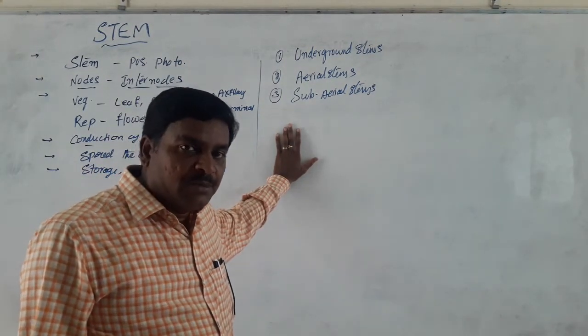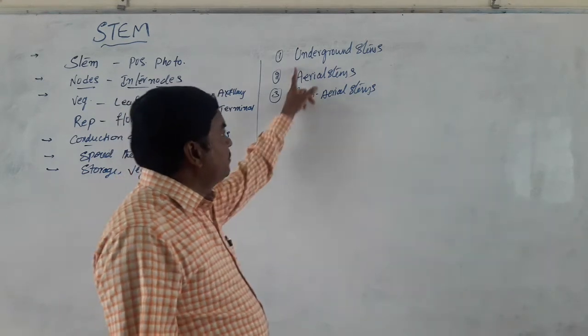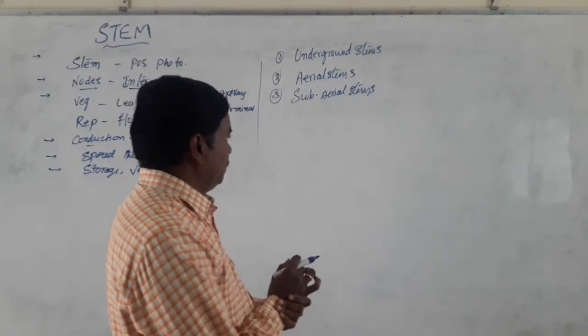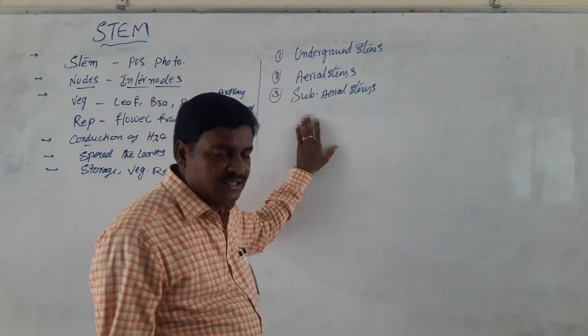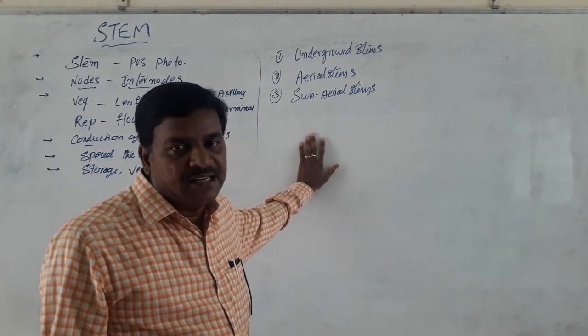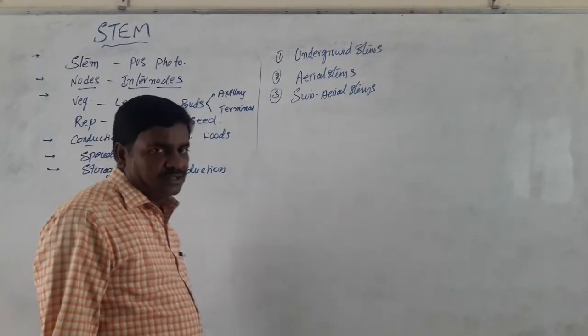Depending upon the position of the stem in plants, stems are divided into three types: underground stems, aerial stems, and subaerial stems. Now coming to the modifications of the stem.